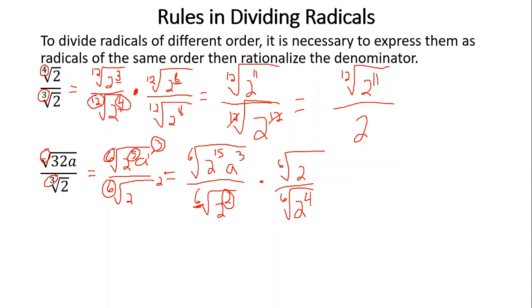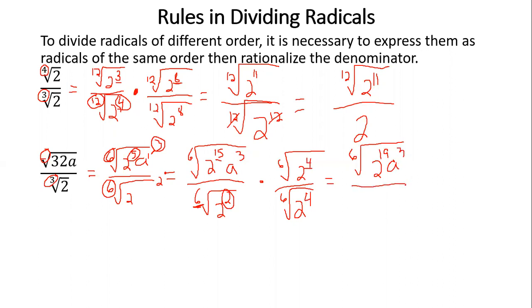So, that is 6 minus 2. Kaya 4. So, 4 din po dito sa taas. Tapos nun, we multiply 6th root of 2 raised to 19. We add 15 and 4. Kaya 19 po. Times a cube.